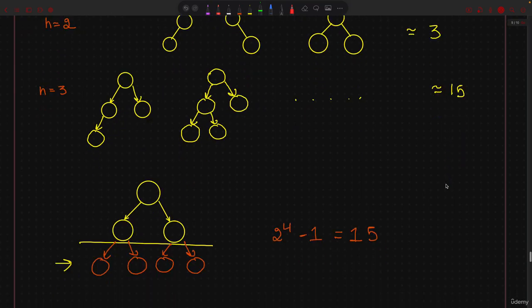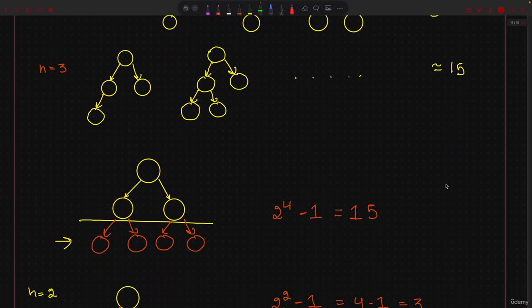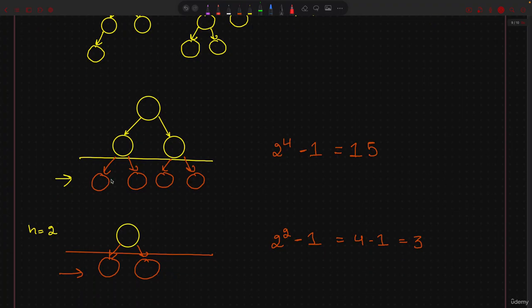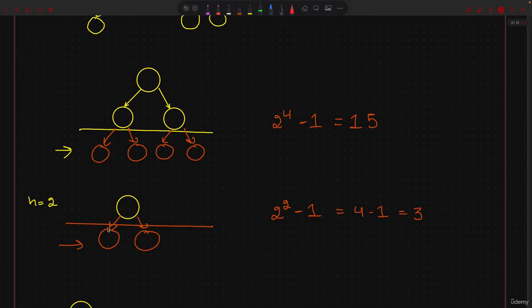Based on this understanding, I discussed the major intuition which most students have: let's say we have these nodes and I just need different combinations of these nodes, which comes out to be 2 to the power 4. And of course, we have to subtract 1 for the case when none of these nodes is present. Similarly, this seems to work for h2, when height is 2.